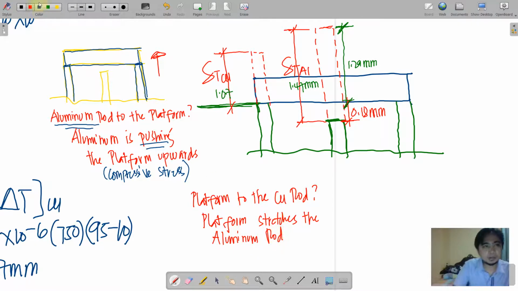So therefore, the type of stress on the copper rod should be tensile stress. Okay.